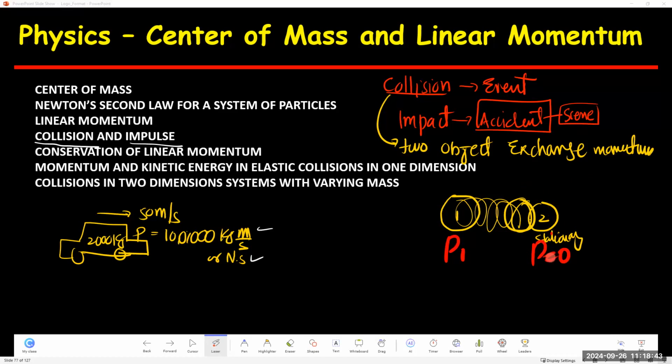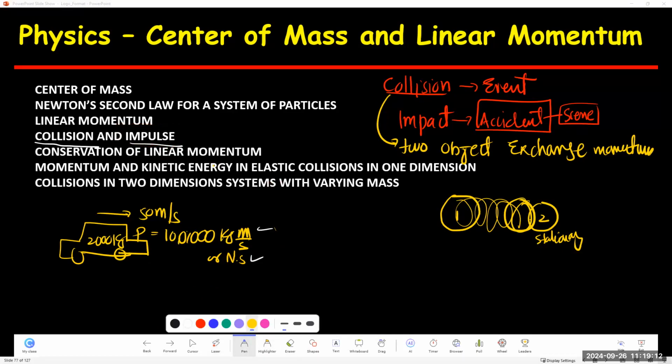If it's not moving, the momentum should be 0. But after the collision, this one starts moving, which means some momentum is subtracted from this body and added to this body. That is called collision. Now, impulse is how fast the transfer happens.